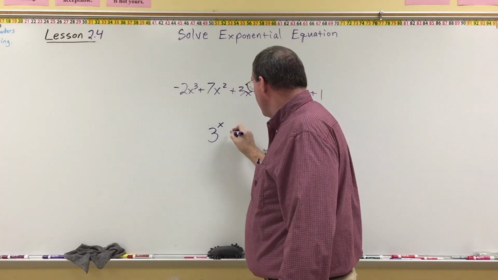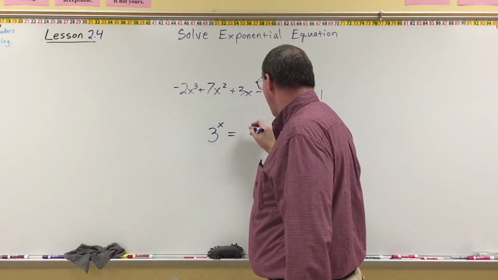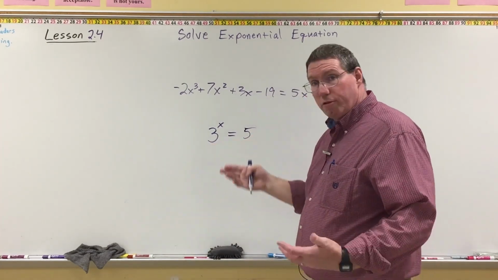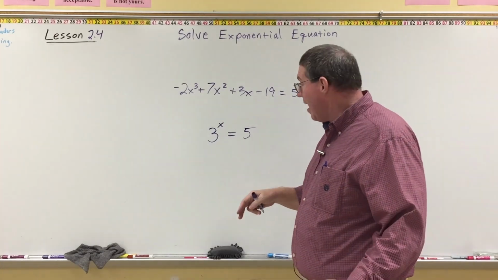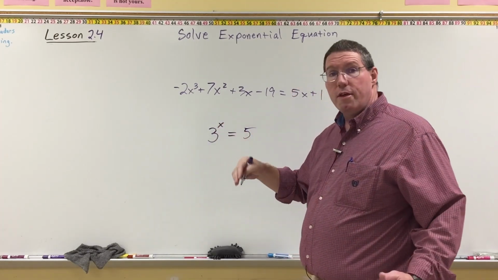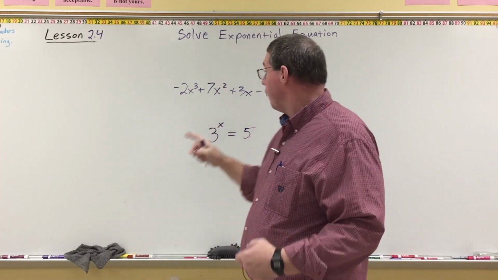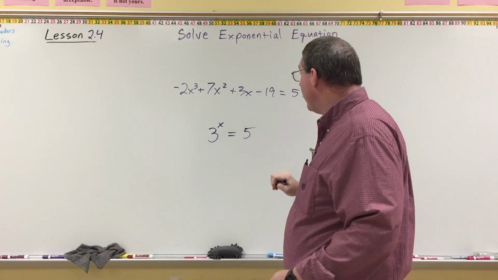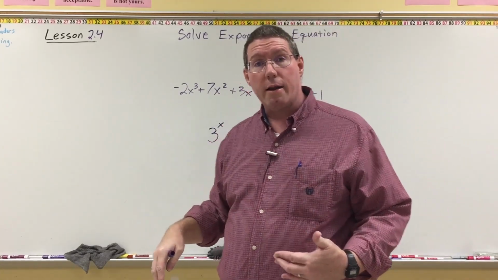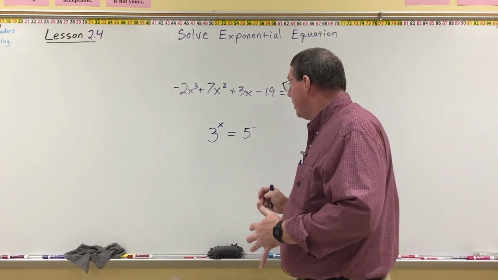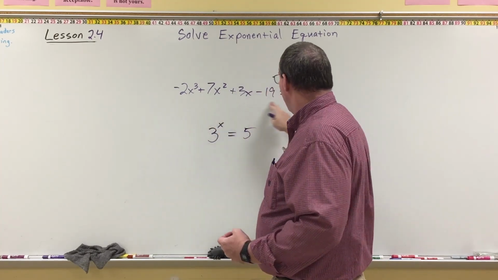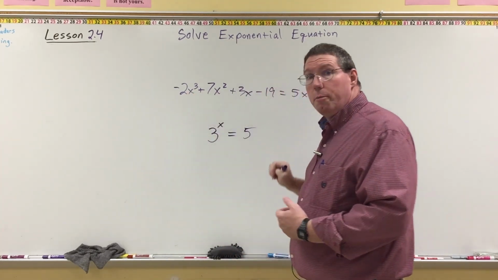Well, when we then set it equal to something on the other side, like 5, now it's an equation because it has an expression on both sides, and the variable expression has x in the exponent, and therefore this is an exponential equation. And these are actually very easy to solve. I'm going to show you how to solve them, but they can look intimidating because they don't follow the normal rules of polynomial algebra.